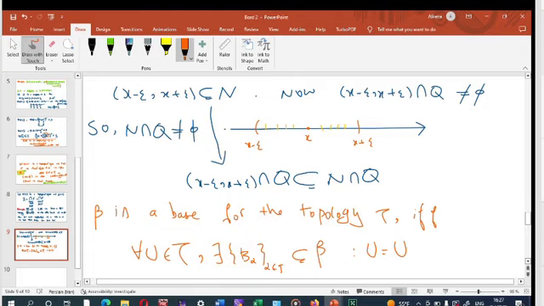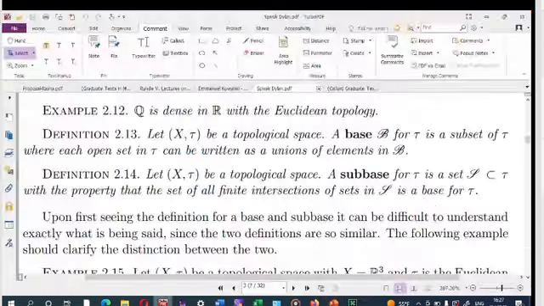Any element of tau can be written as a union of a family of beta. There exists a family in beta such that u equals the union of this family.